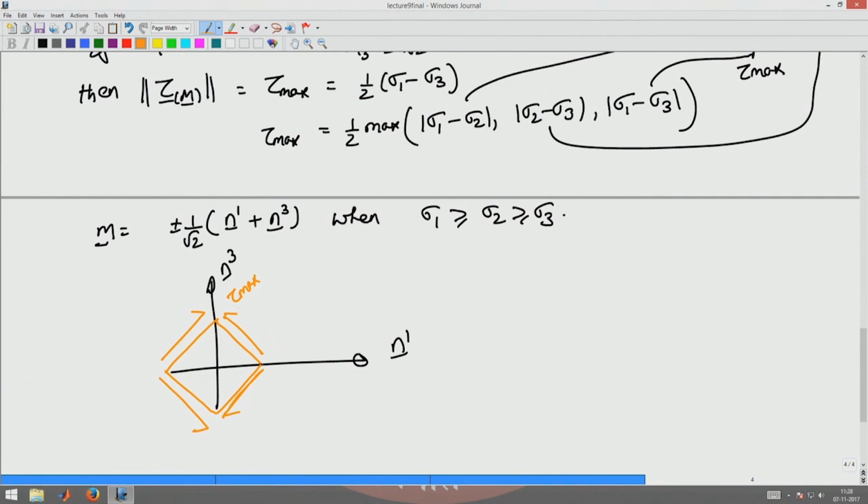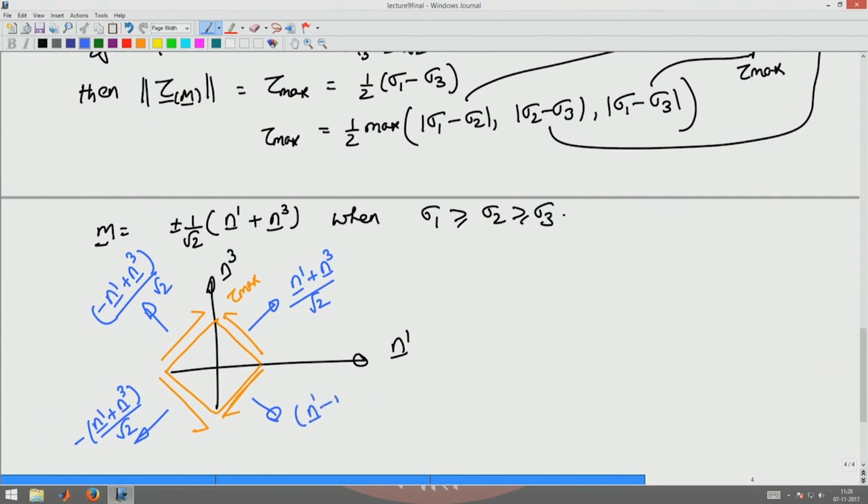Now, you will find that this normal here is given by (n1 plus n3) by root 2, whereas this normal in here is given by (minus n1 plus n3) by root 2. This normal in here is given by (minus n1 plus n3) by root 2, and this normal in here is given by (n1 minus n3) by root 2.